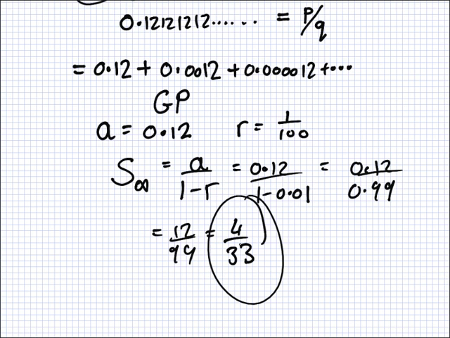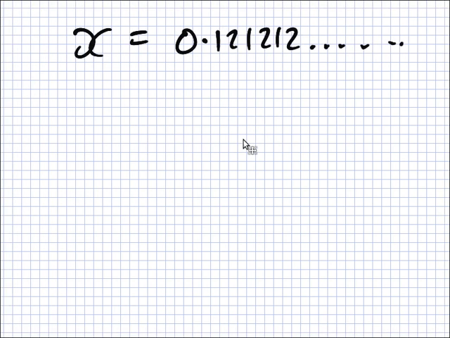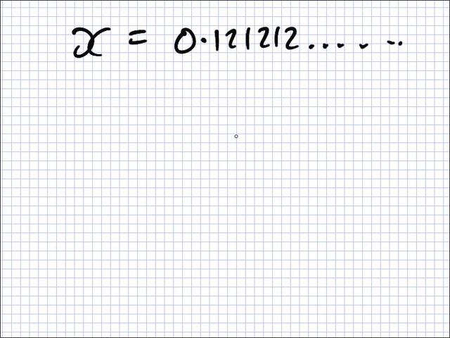There is a second way to do this I want to show you. Do you know the second way? No? Okay. So watch the second way. 0.121212, let's call that x. Now, I will multiply both sides by 100.